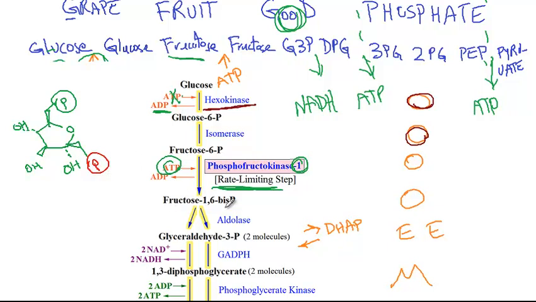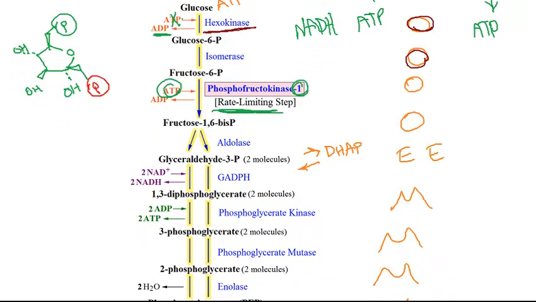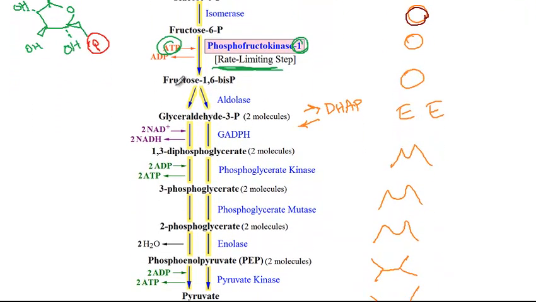Alright, so now here we have fructose 1,6-bisphosphate. With the help of aldolase enzyme, fructose 1,6-bisphosphate will be converted into glyceraldehyde 3-phosphate and dihydroxyacetone phosphate. And remember I said these structures have the E shape, so here let's draw them. First we have the glyceraldehyde 3-phosphate and dihydroxyacetone phosphate.